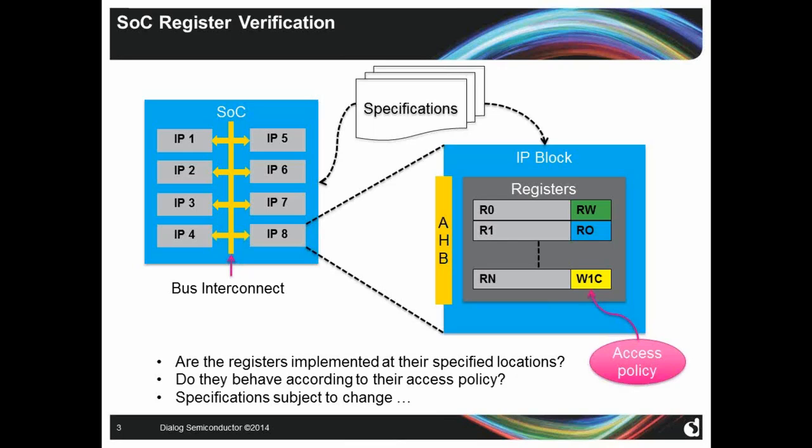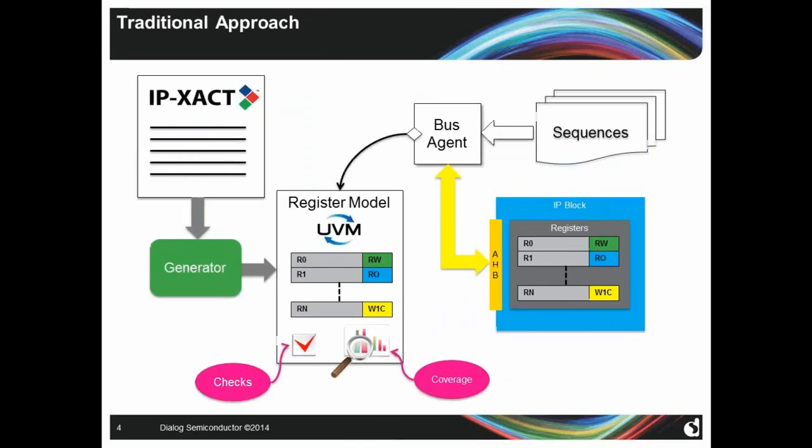So this is a point application of formal for validating that the registers are placed in the correct locations with the correct access policies. The traditional approach we've used for this sort of verification would be our UVM, or constrained random, verification environment. We have our own description of the SoC register map.